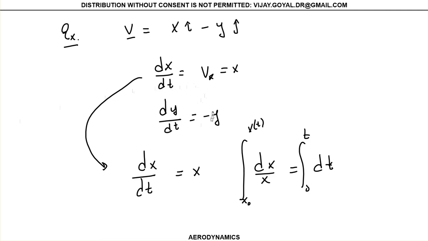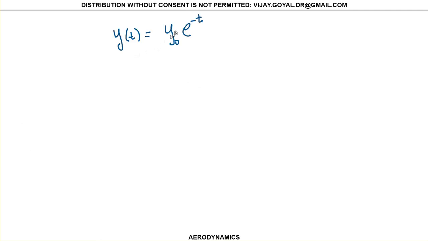If I wanted to find y, you can show similarly, with the same process, that y equals y sub 0 e to the minus t, and that minus t comes from the minus sign there. And you can also show that since your v_z was equal to 0, the integration gives you z of t equal to a constant, z sub 0.